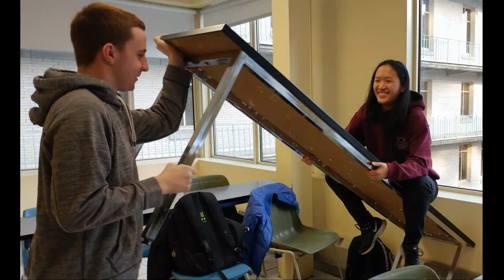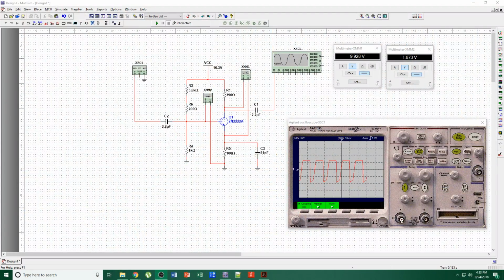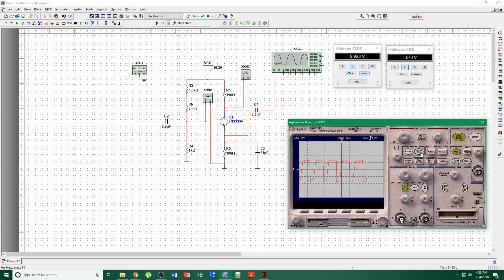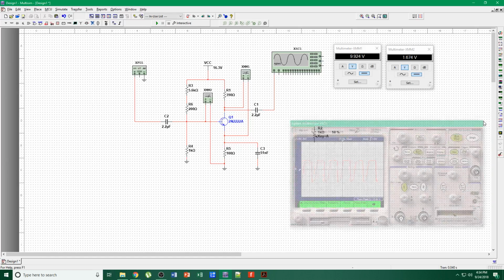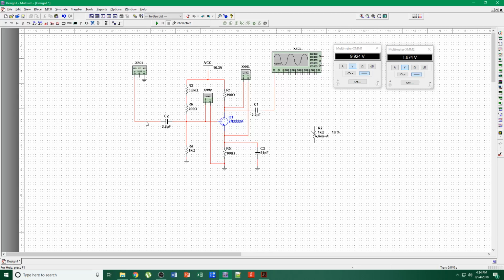What we want to try to do is just get basically 15 volts. Plus our voltage at the base is a little high, but I think it increases because of our capacitors. But that's fine. So what we're going to do is now create our PNP one.